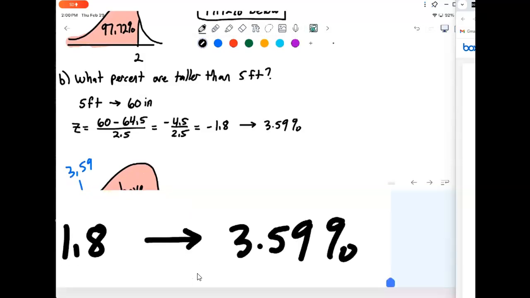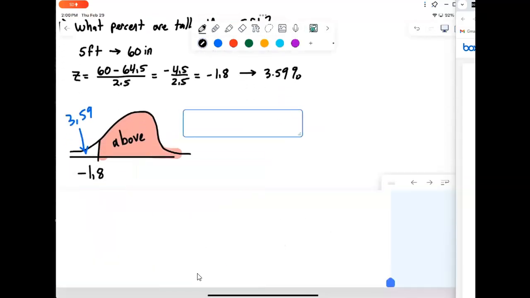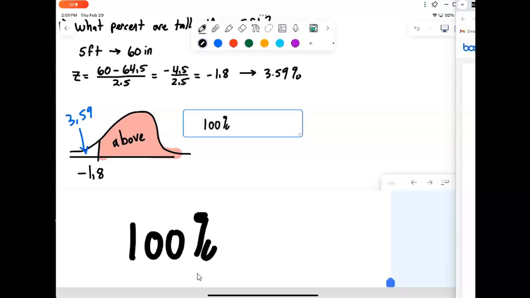So to get the percent above, what we have to do is take 100% and subtract off that answer.